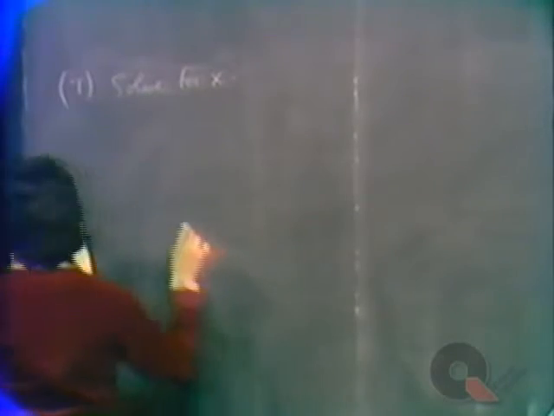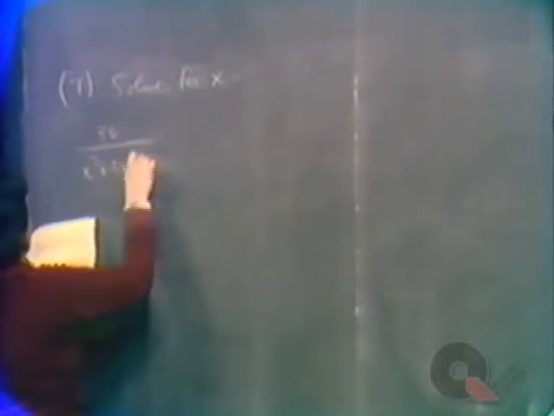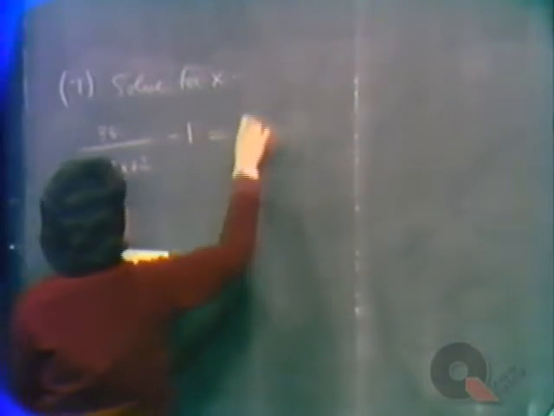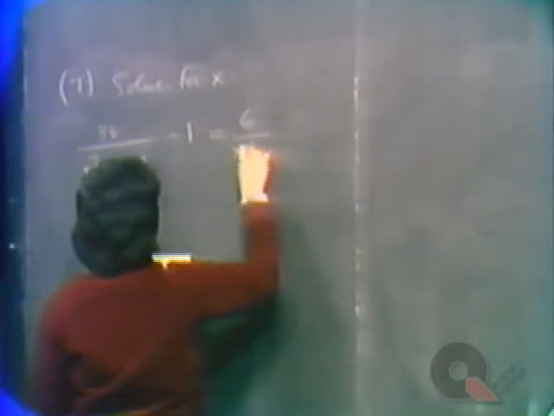In problem 7, we want to solve for x. 36 over x squared plus 3x plus 2, minus 1, equals 6 over x plus 1.